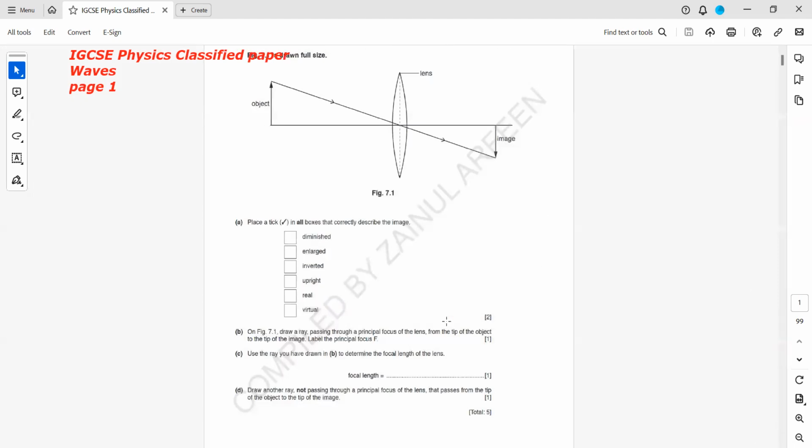We have to place a tick in all the boxes that correctly describe the image. You can annotate on the screen. Place the tick. It is inverted. That is one. And real images are always inverted.